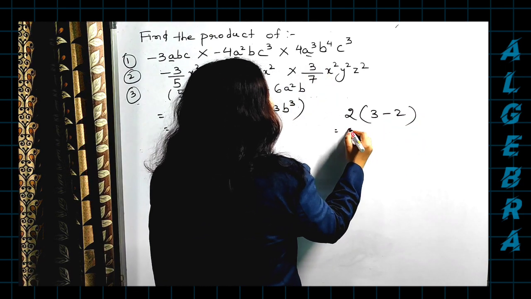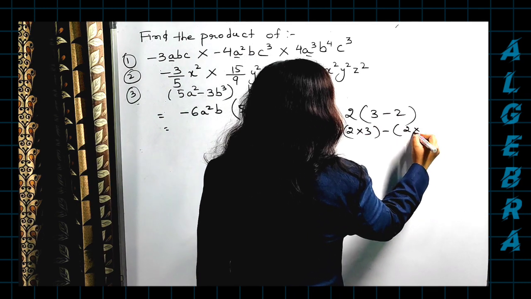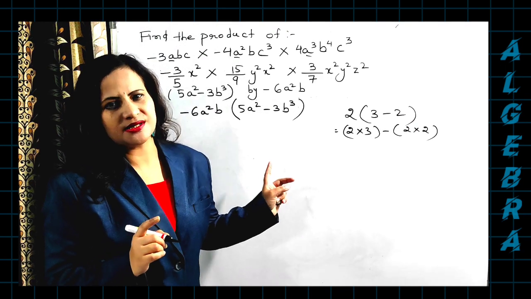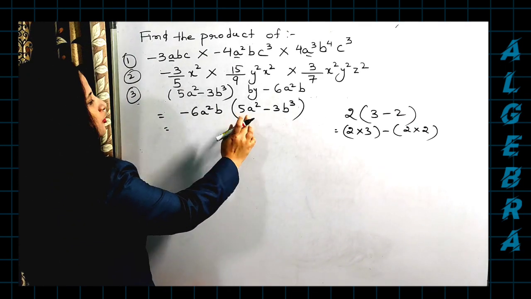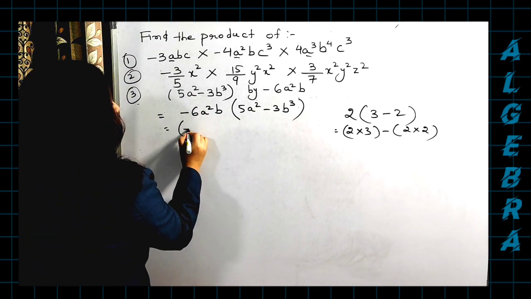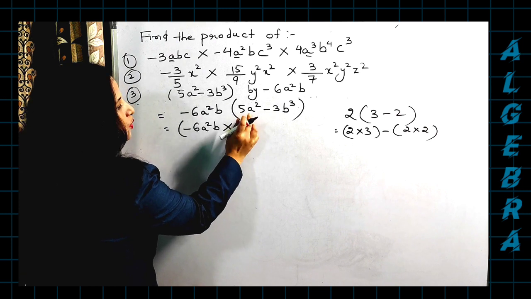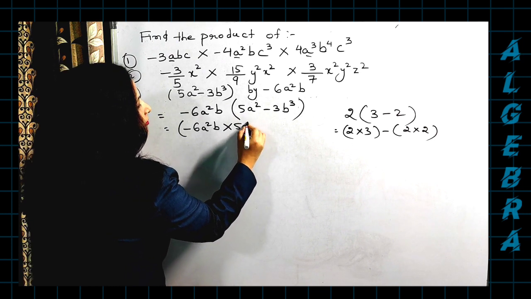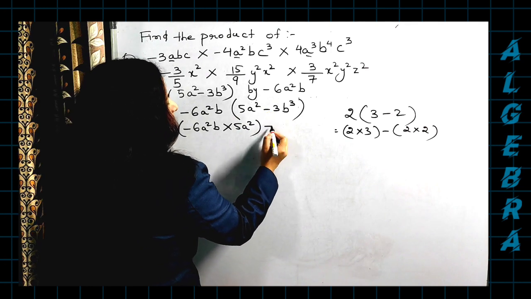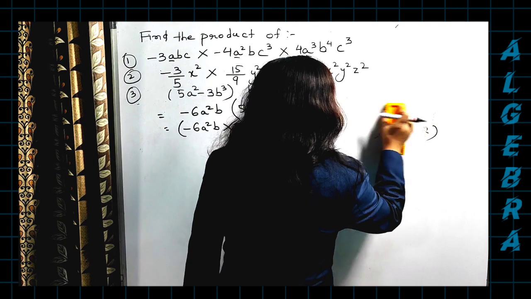That means 2 will be first multiplied to 3, then multiplied to 2. That same method you are going to follow here, right? What is outside will multiply to both the terms, one after the other. So minus 6a square b is first multiplied to the first term, 5a square. Then you have the minus sign, write the minus sign, okay? Clear?